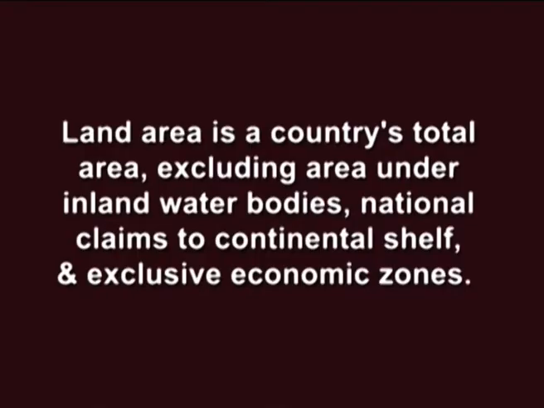Population is based on the de facto definition of population, which counts all residents regardless of legal status or citizenship, except for refugees not permanently settled in the country, which are generally considered part of the population of their country of origin. Land area is a country's total area, excluding land under inland water bodies, national claims to continental shelf and exclusive economic zones.